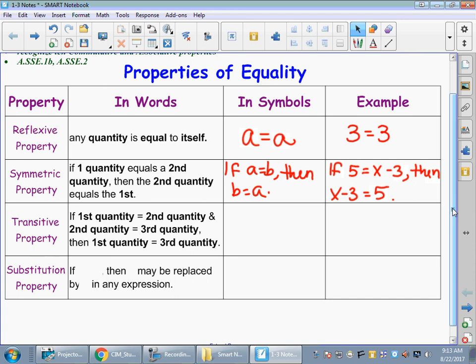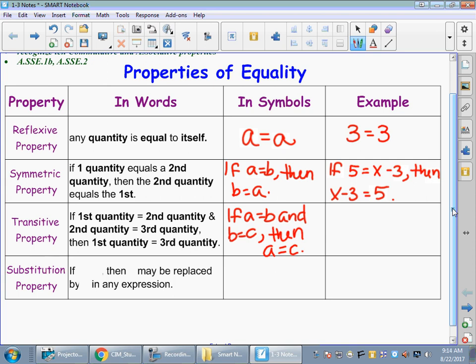So if you have first equal to second and second equals third, then through the transitive property, we can say that first is also equal to the third, even though they weren't set equal to each other in the equation. So this says if A is equal to B and B is equal to C, then that implies that A will eventually equal C. There's 3 things transitive. Think of T3.